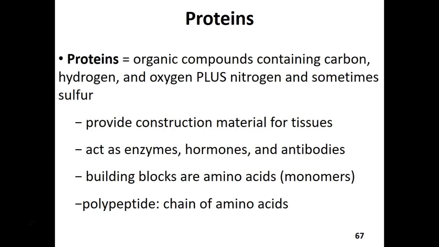They can be hormones, which a hormone is a molecule that interacts with other molecules inside the body. They can protect our cells. So antibodies are protectors. And all proteins are made up of amino acids. So the monomers of proteins are amino acids.